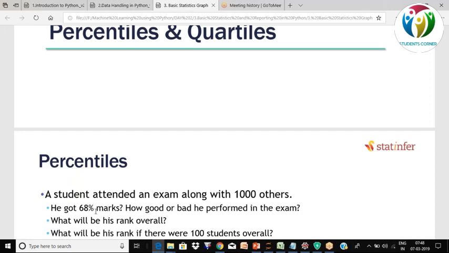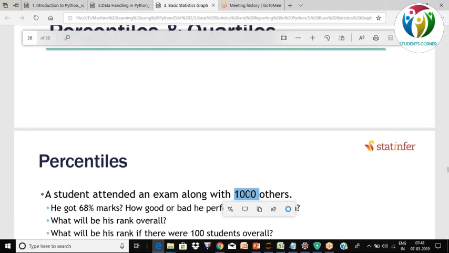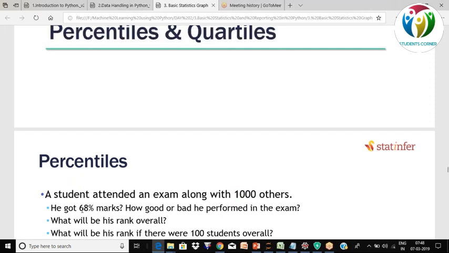But if I tell you that out of those 1,000 people, he's the only one who has scored 68%. Now, what does this mean? Now, the student has performed good or bad.